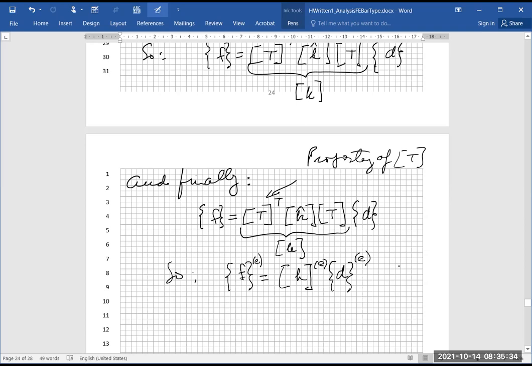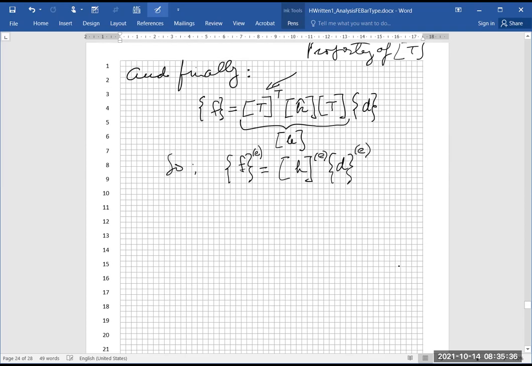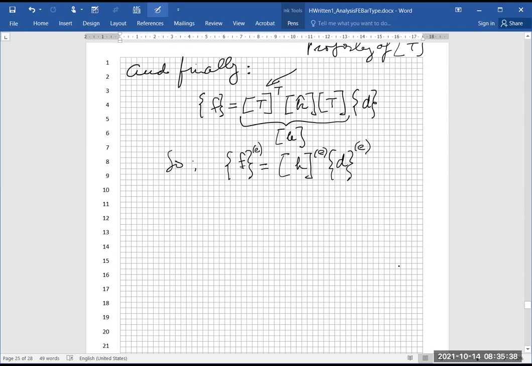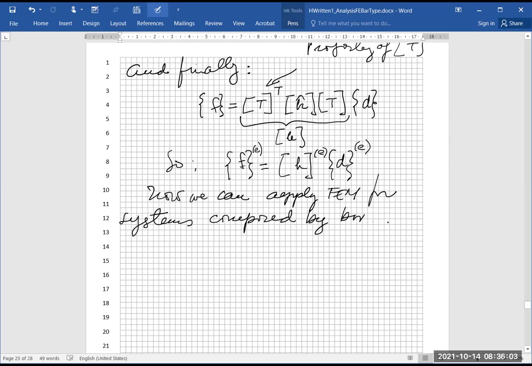Okay, so what we have to do now is apply the finite element method for a system composed of bar elements in the plane.